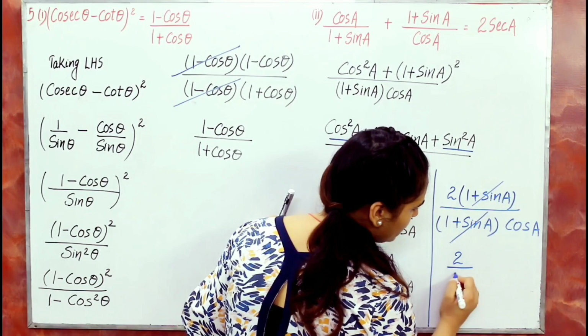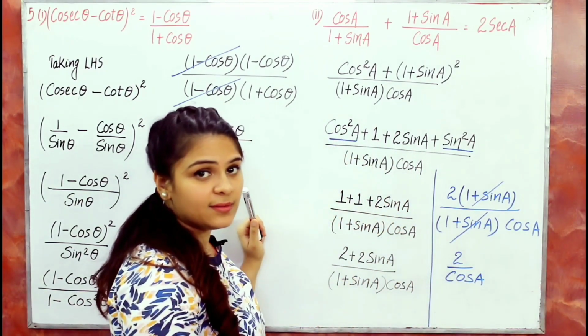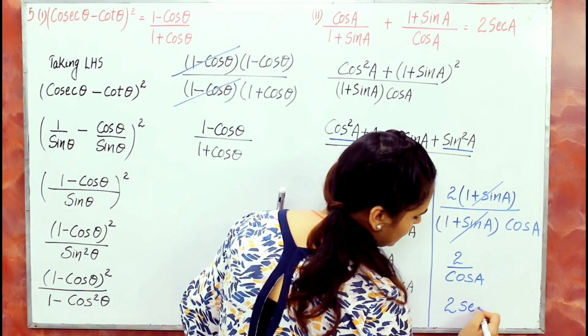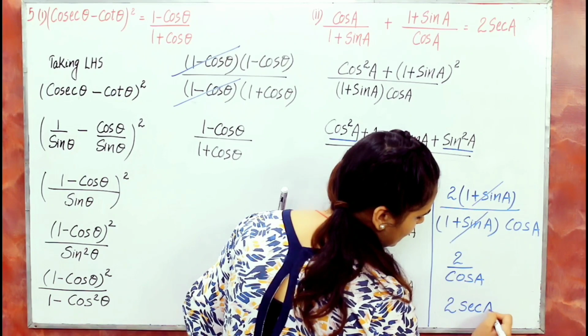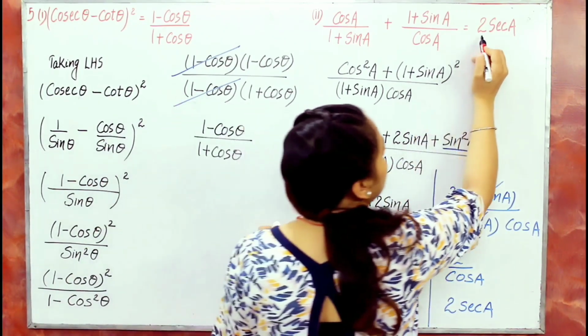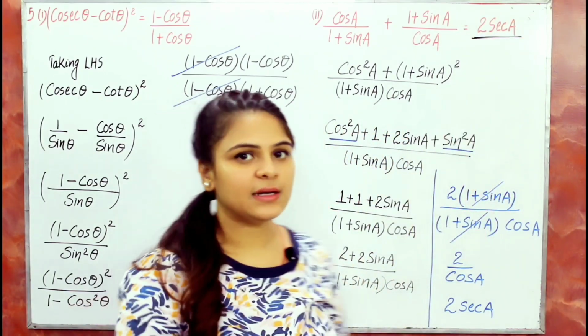You will get 2 upon cos A. And reciprocal of cos A is sec A. So the final result is 2 sec A. You can see in the RHS there is 2 secant A. Hence our result is verified.